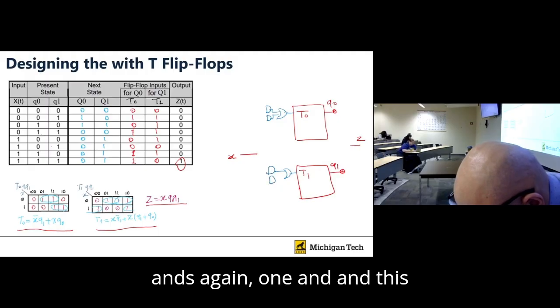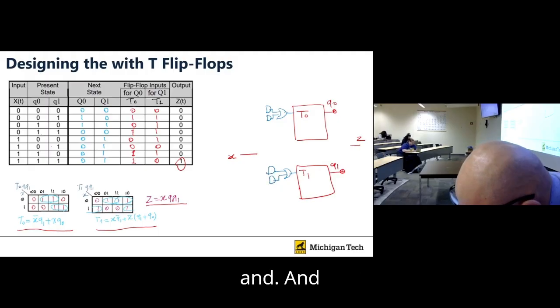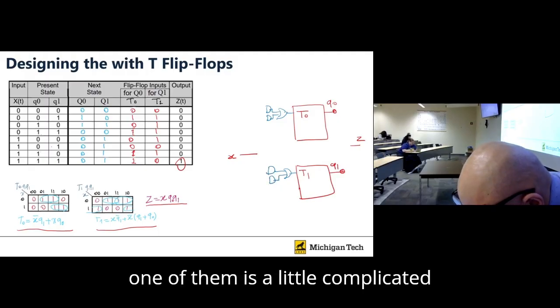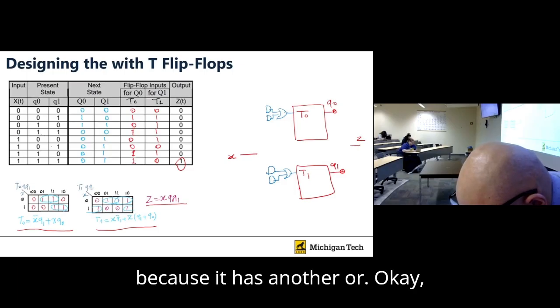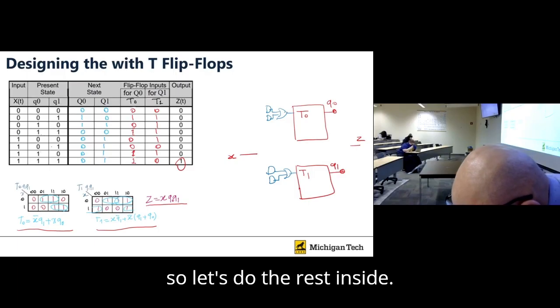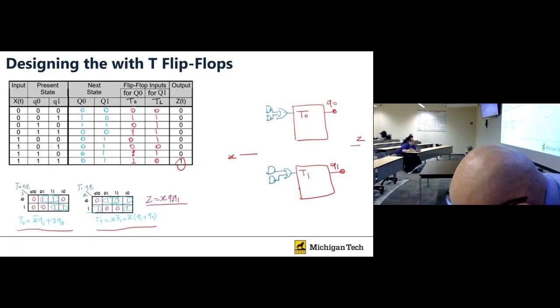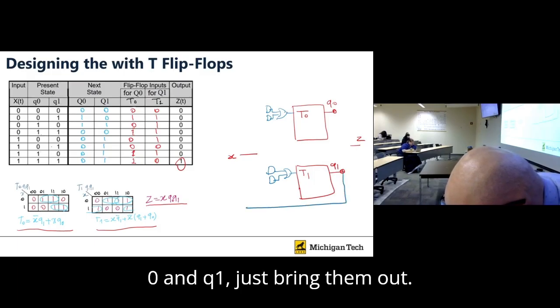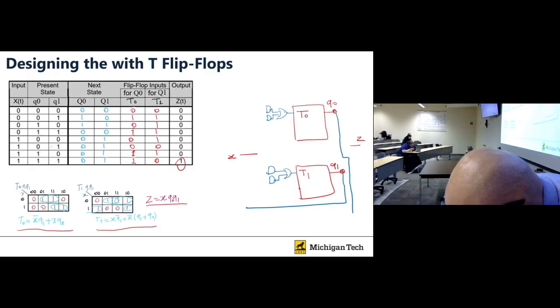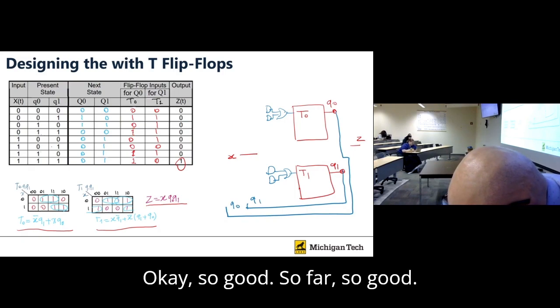One AND and this AND. And one of them is a little complicated because it has another OR. Okay, so let's do the rest inside. We need to have Q0 and Q1. We just bring them out. Q1 and Q0. Okay, so far, so good.